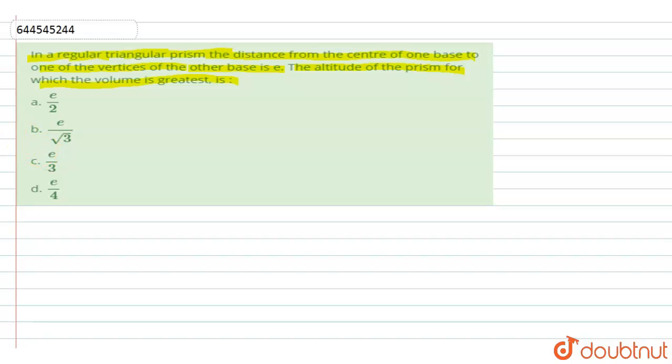So in this question, given that there is a triangular prism, we can draw the triangular prism like this.